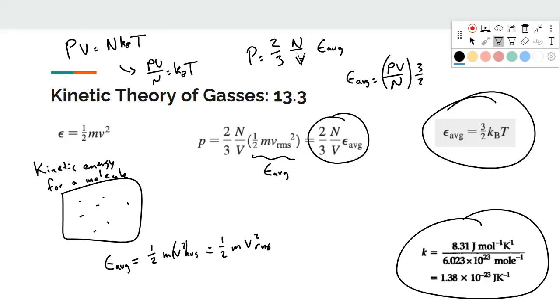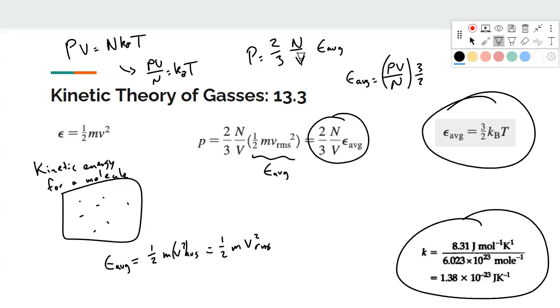All of these, no matter what the mass of the molecules, no matter what pressure and volume I put them under, all I need to do is stick a thermometer in them, get a temperature, and then multiply that by 3/2 k_B, and I will know immediately the average kinetic energy of one of those gas molecules. So it's a really profound result that it's only the temperature that dictates the kinetic energy for these gas molecules.